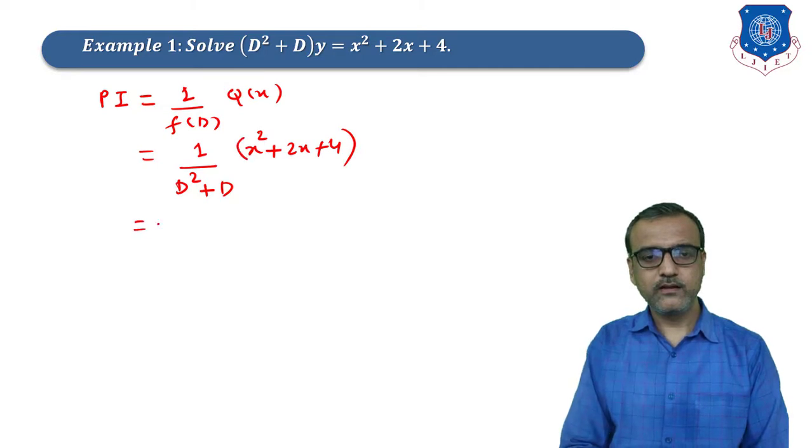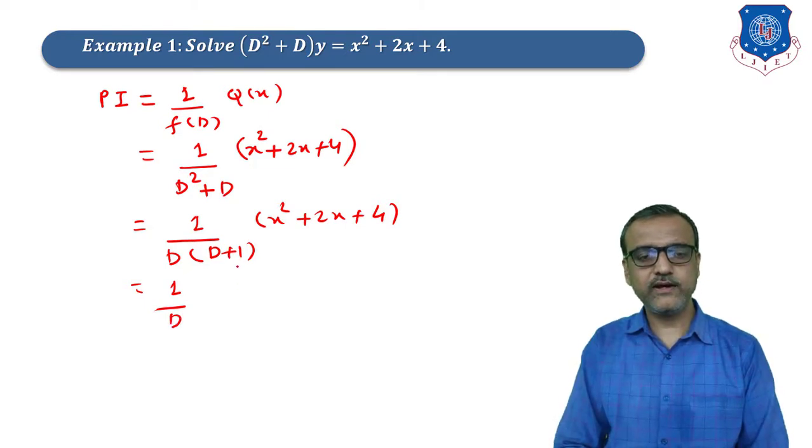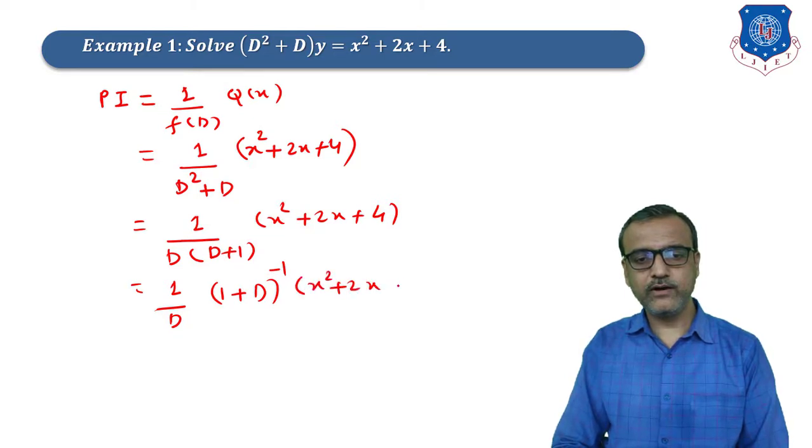Now we will take D common from the denominator. So we have D into bracket D plus 1, and this x square plus 2x plus 4 will be as it is. Now we will keep 1 upon D as it is, and we will write D plus 1 as 1 plus D, and we will write 1 over 1 plus D as 1 plus D the whole raised to minus 1, x square plus 2x plus 4.